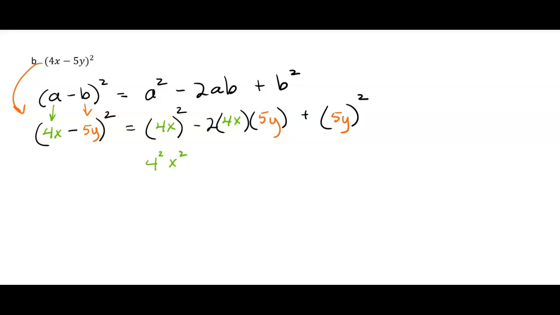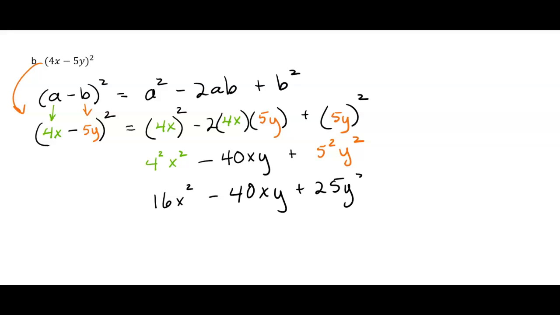For the middle part, I'm going to have minus 2 times 4 times 5, which is 40xy. And for the last part, I have to square that 5 and I have to square the y. I wrote that out a little bit so you could see what was going on. But I get 16x squared minus 40xy plus 25y squared. And that's going to be the answer.